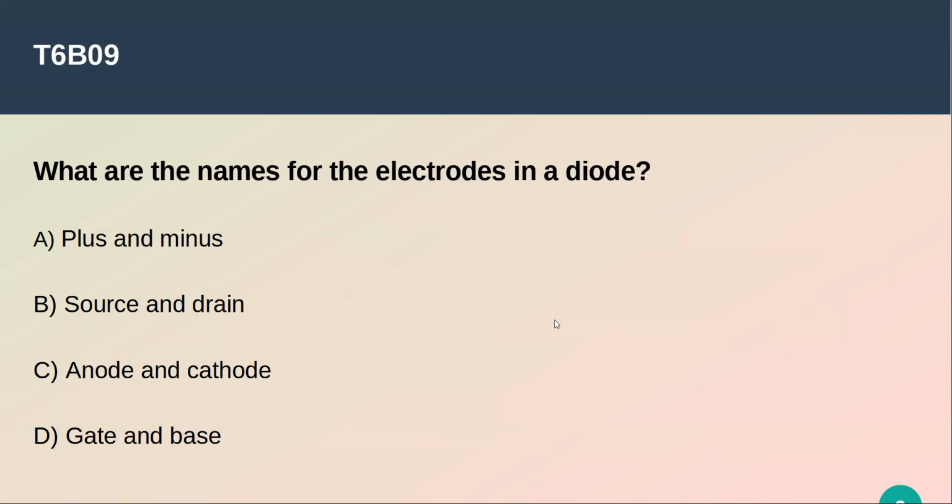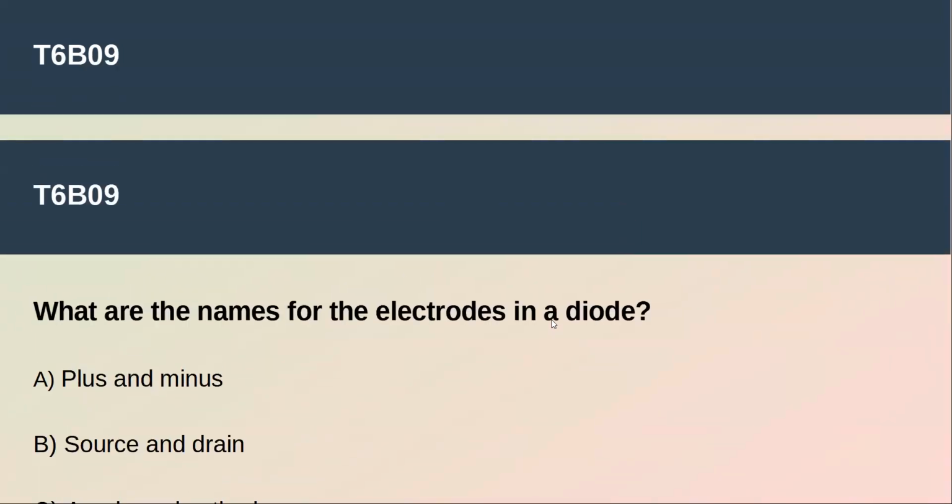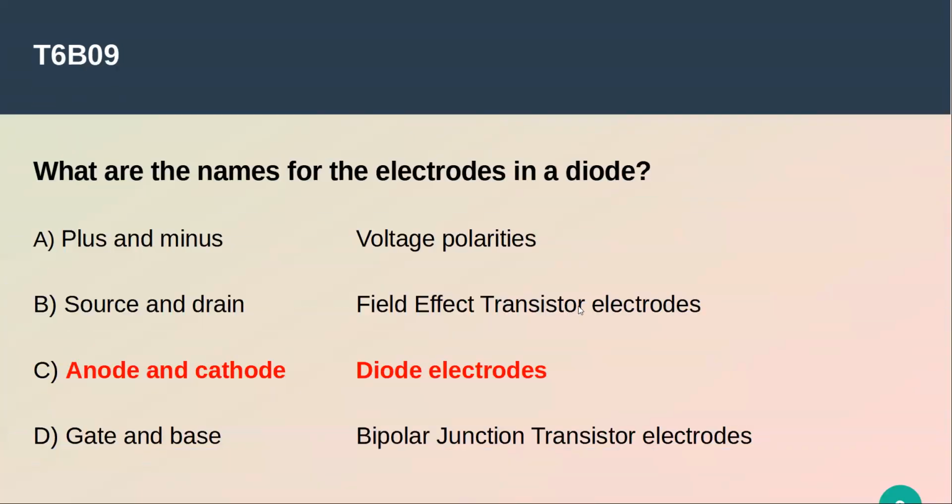Usually you call it a plate, but yeah, anode and cathode. So the plus and minus answers are just voltage polarities, nothing to do with it. Source and drain, which we haven't got to, which comes up next, are two of the terminals for a field effect transistor. And gate and base are two terminals for a bipolar transistor.